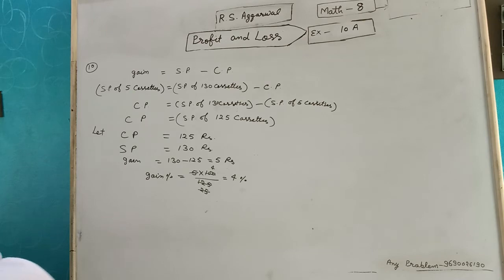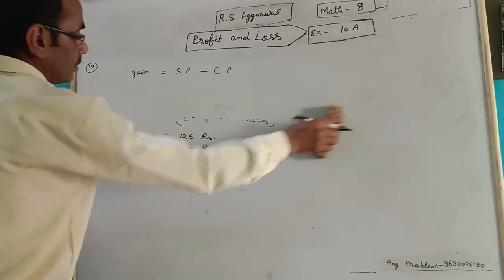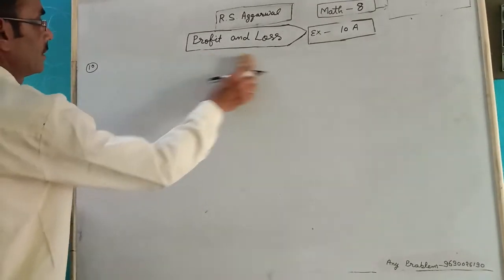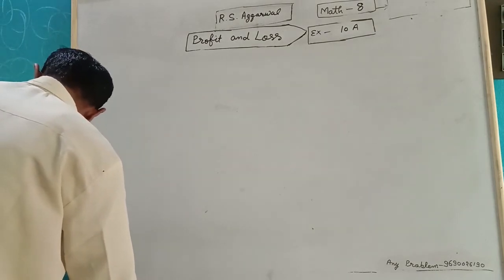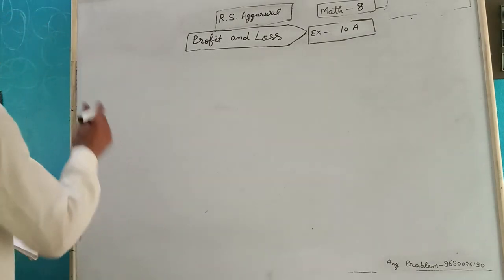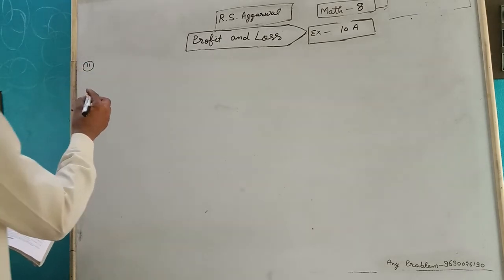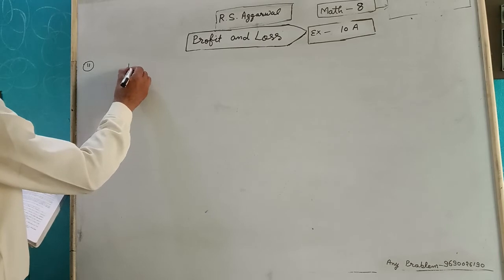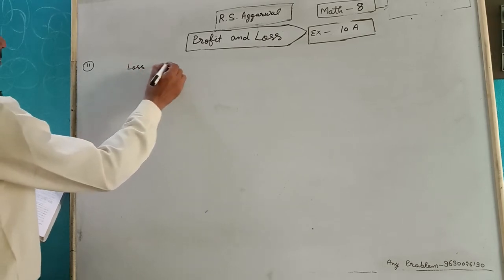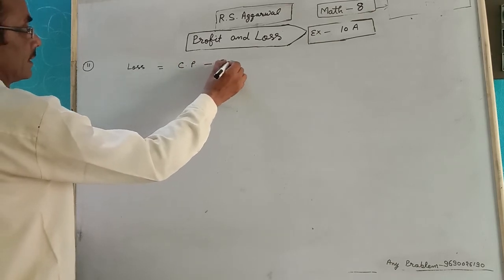Question number 11. This question is about loss, while the 10th question was gain. The same kind of question: by selling 45 lemons, loss is equal to CP minus SP.